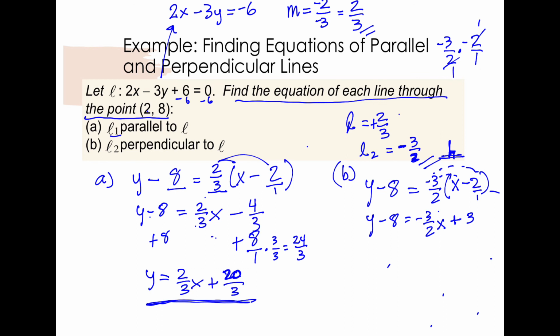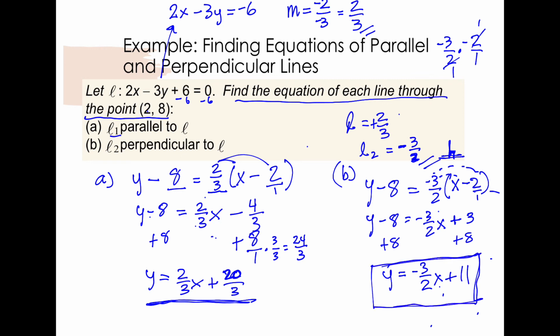So positive 3 is what we have left. Adding 8 to both sides, that gives me y equal to negative 3/2 x plus 11. Here's the equation of line 2, which is perpendicular to my original line and passes through the point 2, 8.